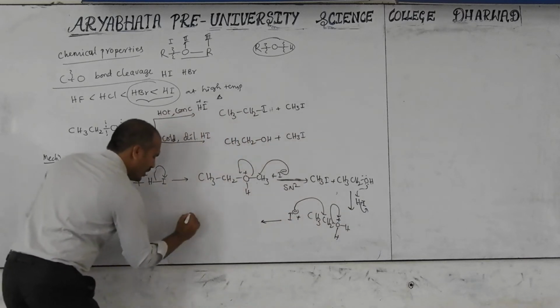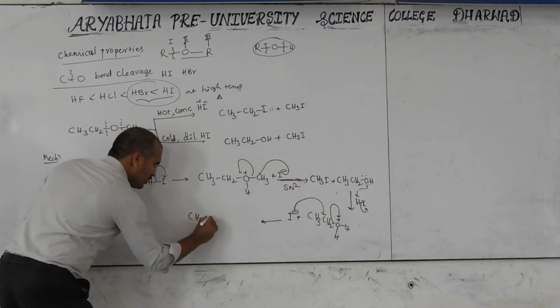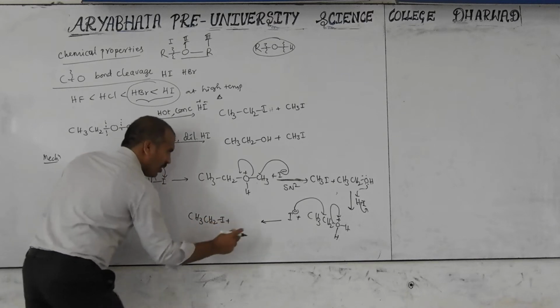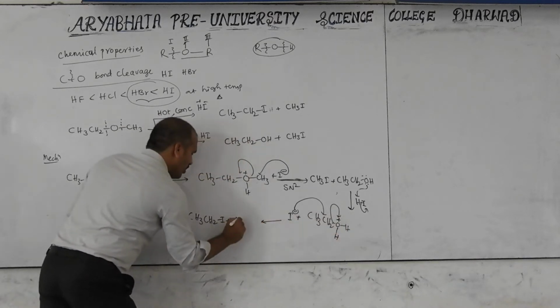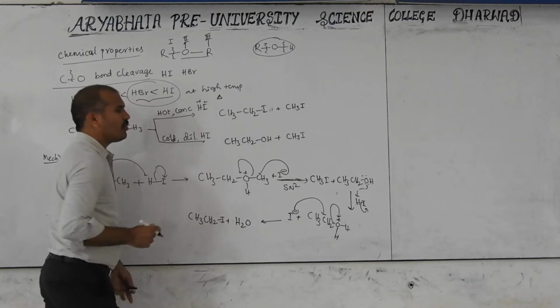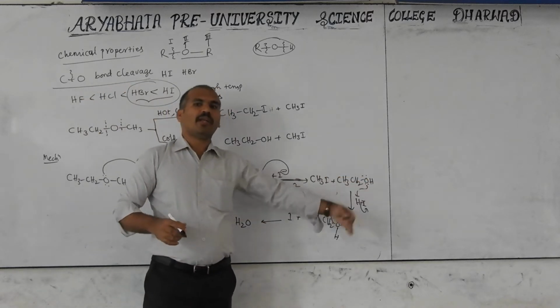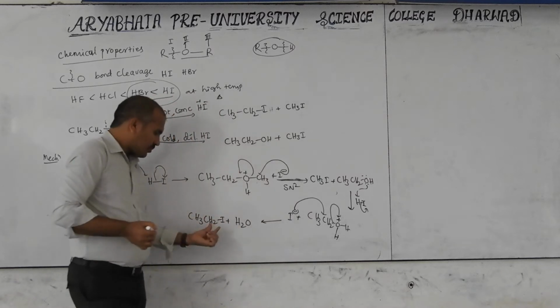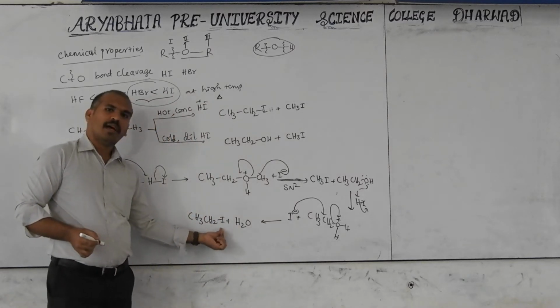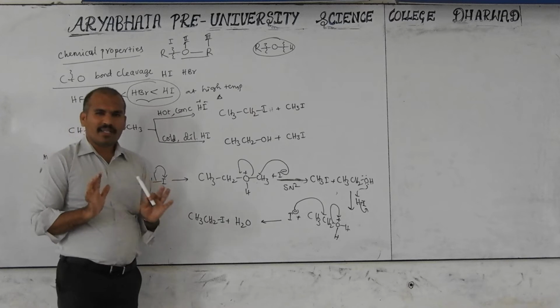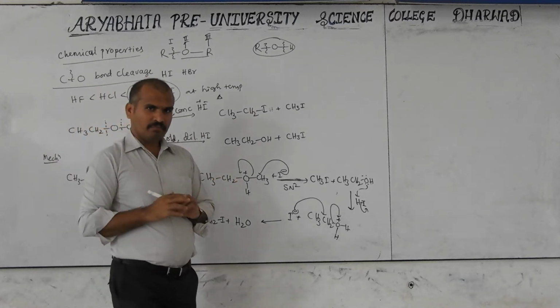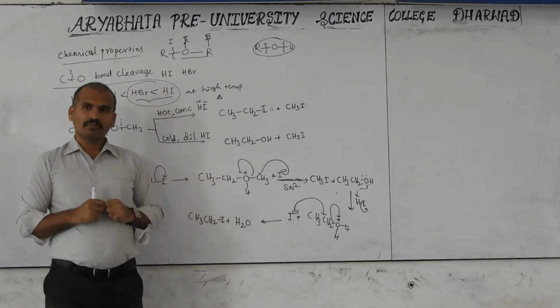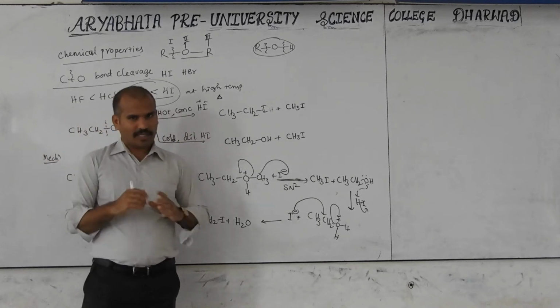Then we will get CH3CH2I. This is H2O eliminated, because OH is not a good leaving group here. That will be made into a good leaving group as OH2 plus. Then here, again we got this one, I. That's why when concentrated HI is given, we don't have any problem, because both sides will give the I type.